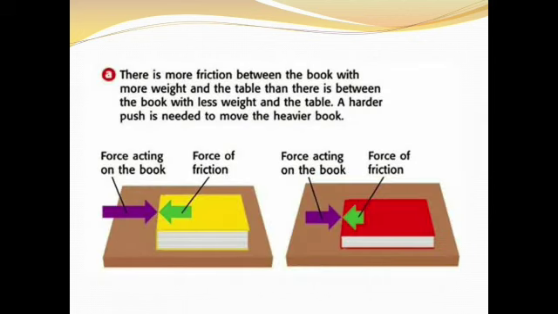Now there's a book with more weight on a table, and a book with less weight on a table. A harder push is needed for the heavier book. The force of friction will be in the opposite direction to the motion.